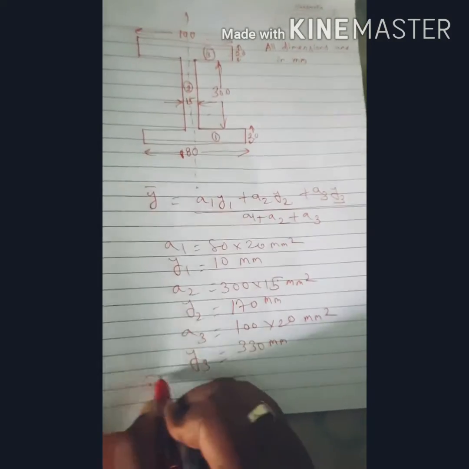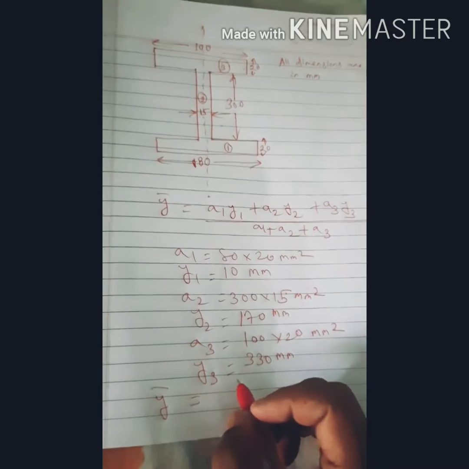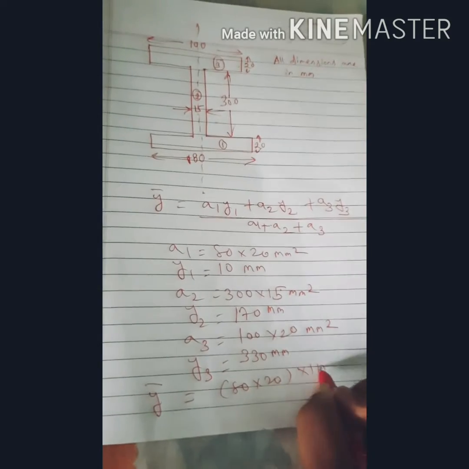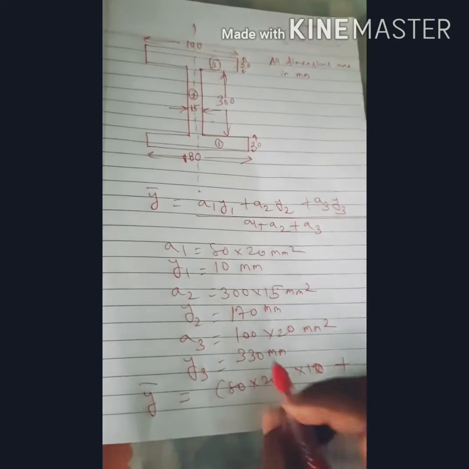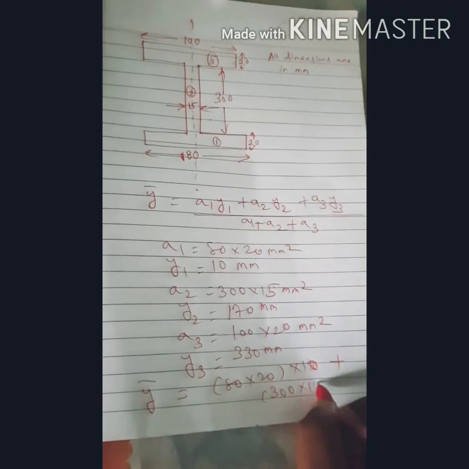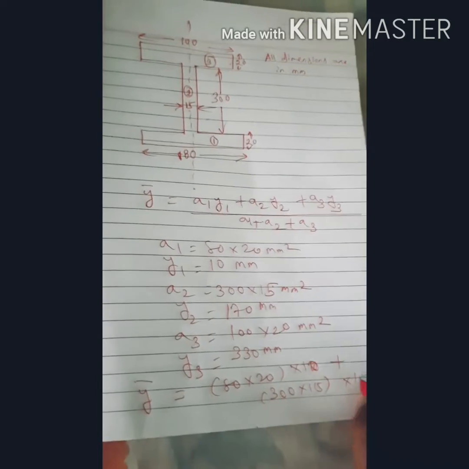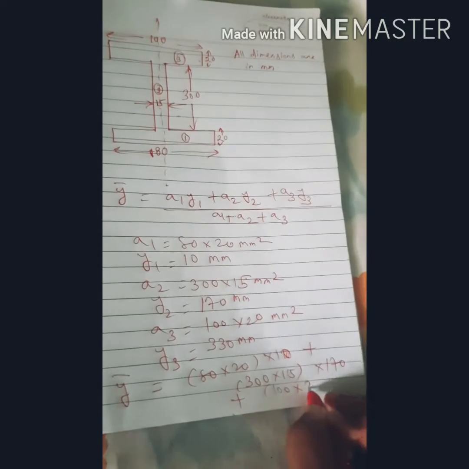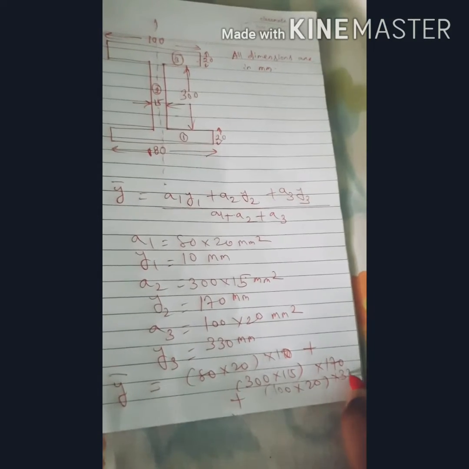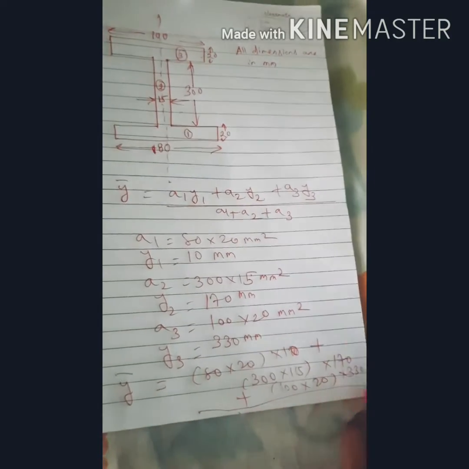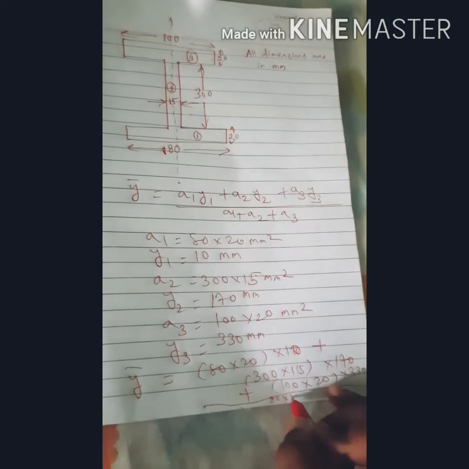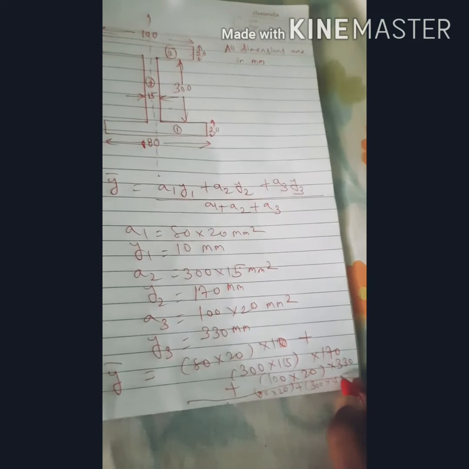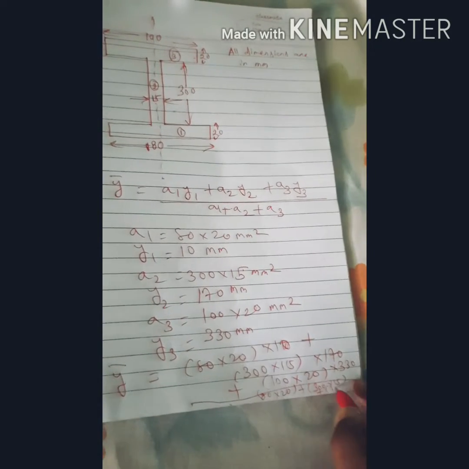So we'll put all these values in the formula and find out first y bar. Y bar equals 80 into 20 into 10 plus 300 into 15 into 170 plus 100 into 20 into 330, divided by 80 into 20 plus 300 into 15 plus 100 into 20.